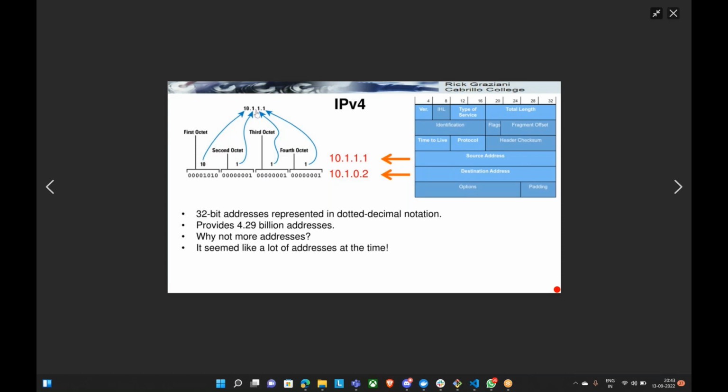And 10.1.1.1 is represented as this. So as you can see, how do we calculate this? How have we come to this conclusion? Did it come in a random way? No. There is a formula.